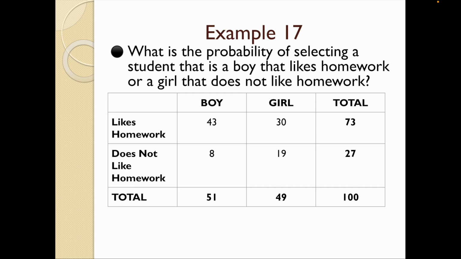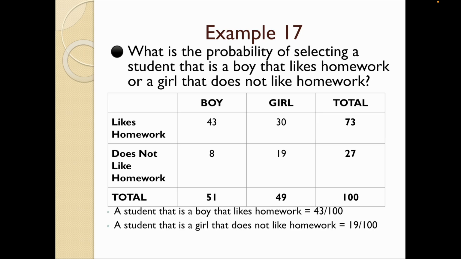So I went for the boys that like homework, which is 43 of them. Then I added the 19, and it gave me 62. All right. So the first option, a boy that likes homework, as you said, is 43 out of 100. Then a girl that does not like homework is 19 out of 100. So we add those two together, which gives us 62 over 100. Everybody get that one?